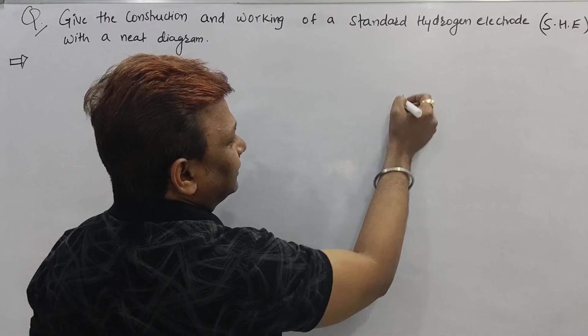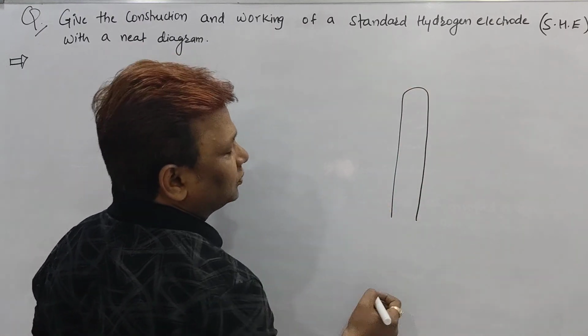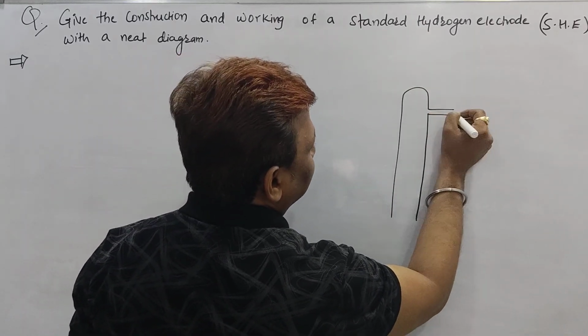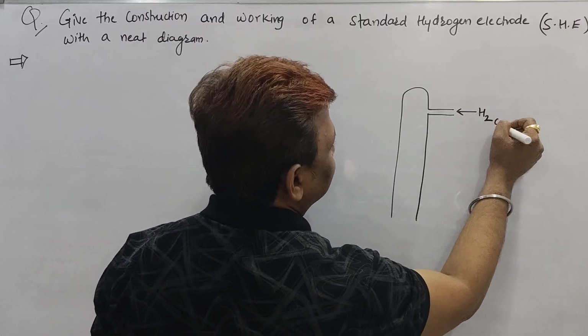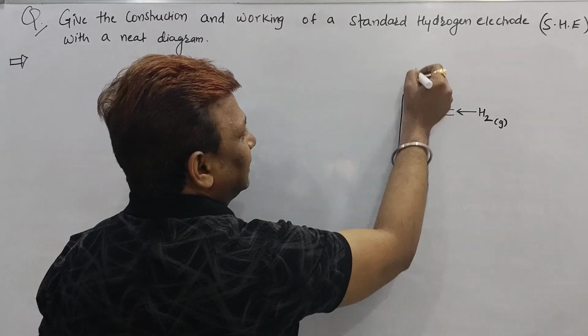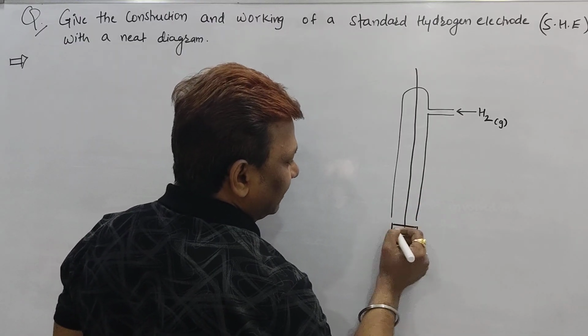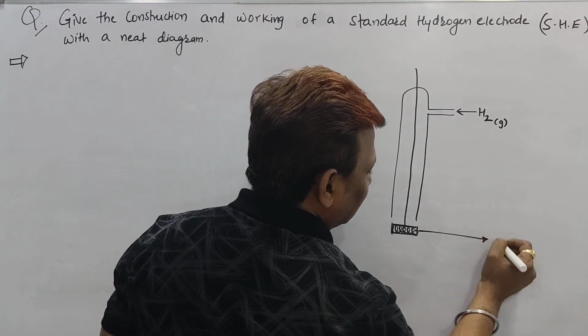See here, this is a glass tube, an inverted glass tube, and in this inverted glass tube it has a small opening, and through this small opening we are passing the hydrogen gas, right? It has a plate, or we can say platinum foil, this is a Pt.